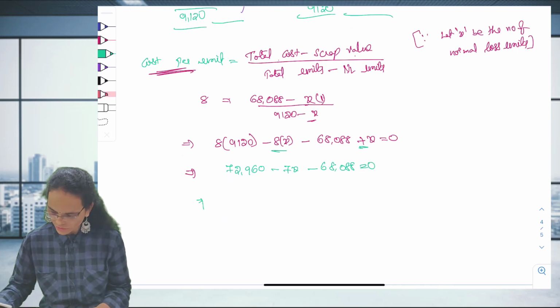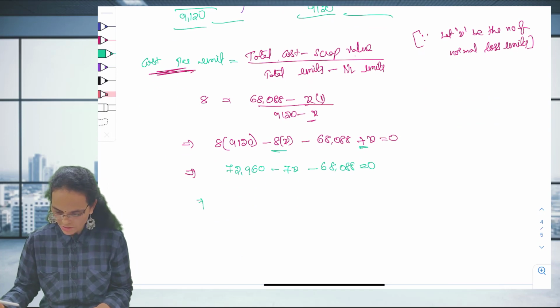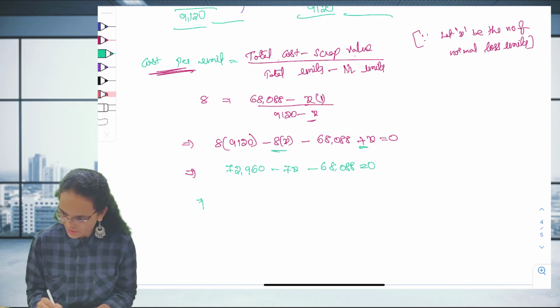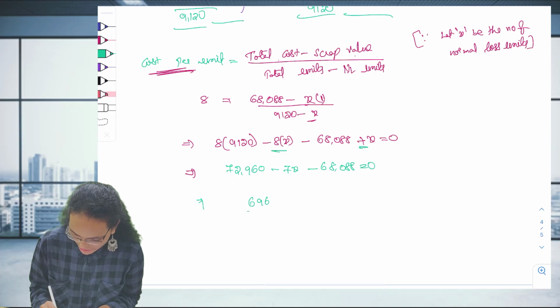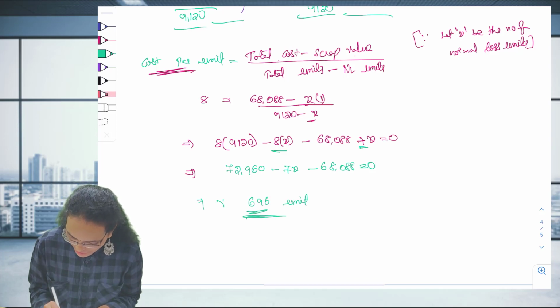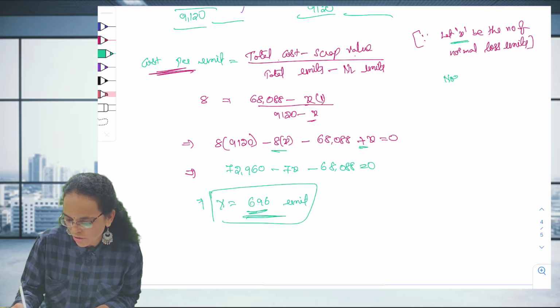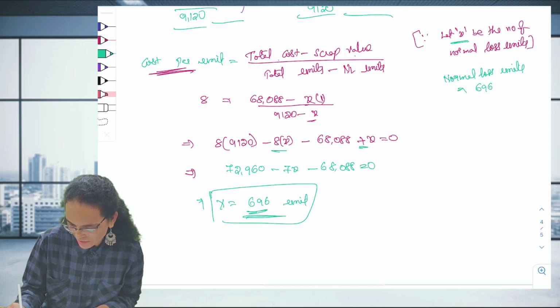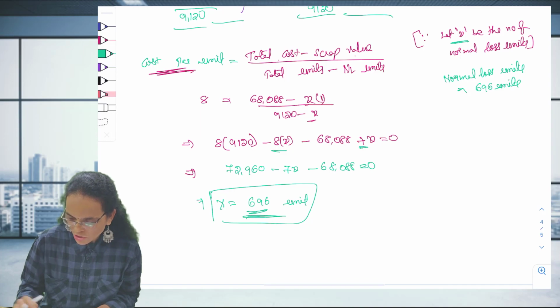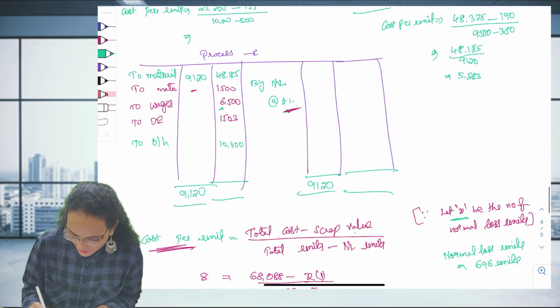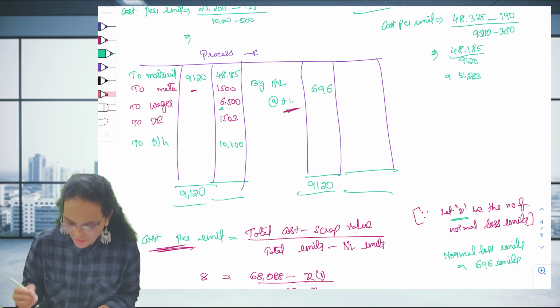So divided by 7 is 696 units. X equals 696. In the sense X, what we have assumed as normal loss. So normal loss units are 696 units.